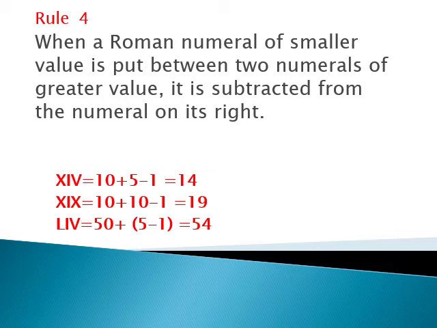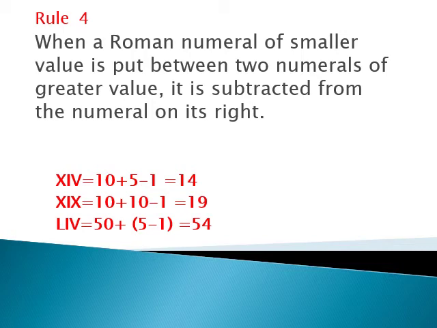So, in that case, what you must do? You must subtract the value of the Roman numeral having smaller value from the numeral on its right. So, the answer for XIV will be 10 plus 5 minus 1. So the value becomes 14.